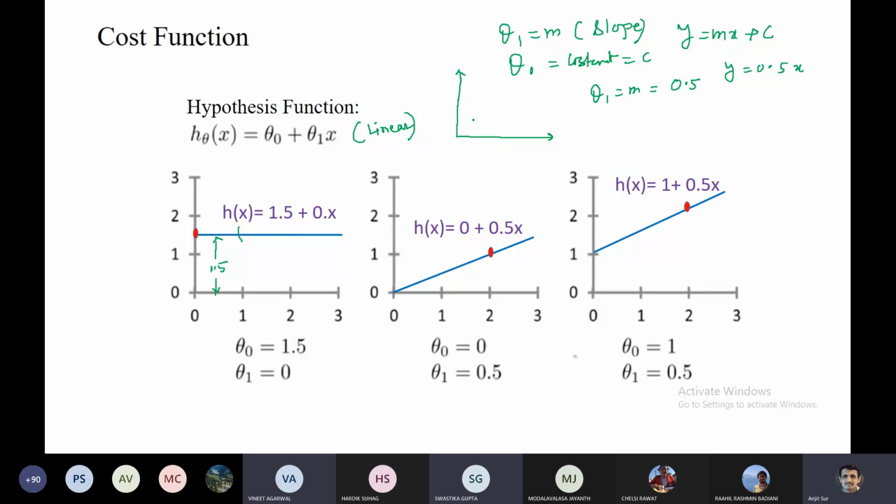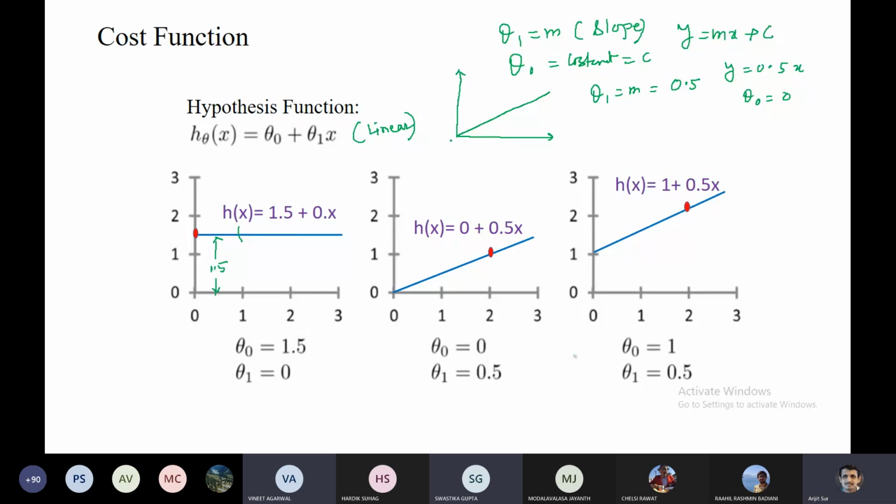Then definitely the line has a slope, something like that. And why does it pass through the center? Because theta 0 is equal to 0, so it passes through the origin.